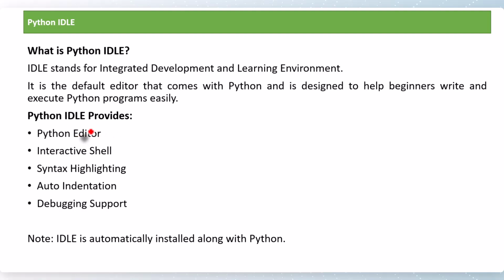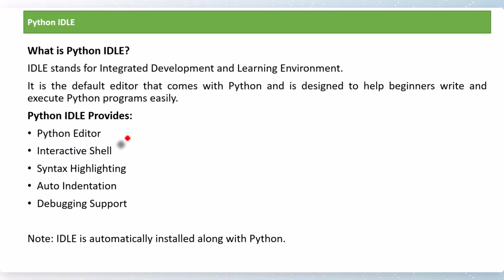Python IDLE provides a Python editor. It provides the interactive shell. You can also see syntax highlighting, where even the keywords and special classes are highlighted when you are writing the code. It also has auto indentation and debugging support.